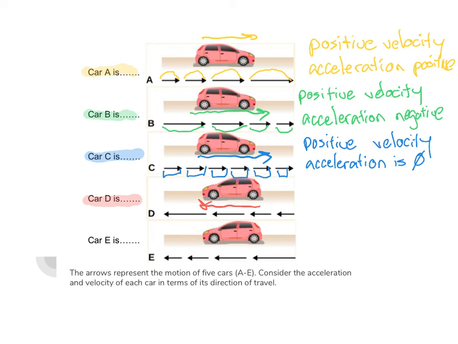We are going to say that its velocity is negative, but it is speeding up. Our arrows are getting bigger in the negative direction, so its change in velocity is increasing, so its acceleration is also negative.